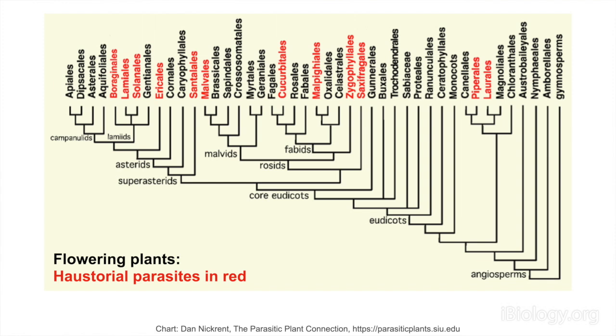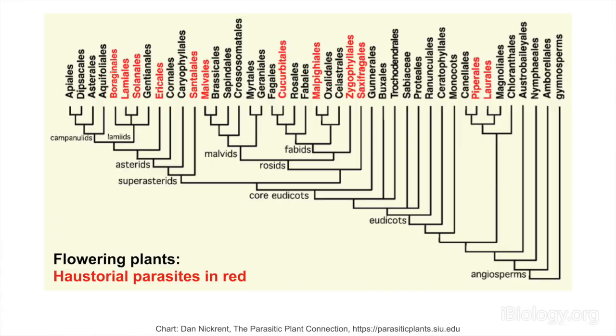You'll notice that some of these red groups are not that closely related to other red groups. So it's pretty intuitive that in those distantly related groups of parasites, parasitism would have evolved independently. But in some other cases, these red groups are pretty closely related to other red groups, and it's a little harder to tell whether parasitism evolved independently in those groups or whether it was inherited from a common ancestor.